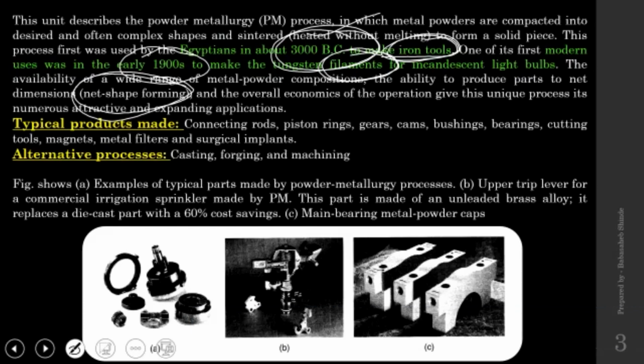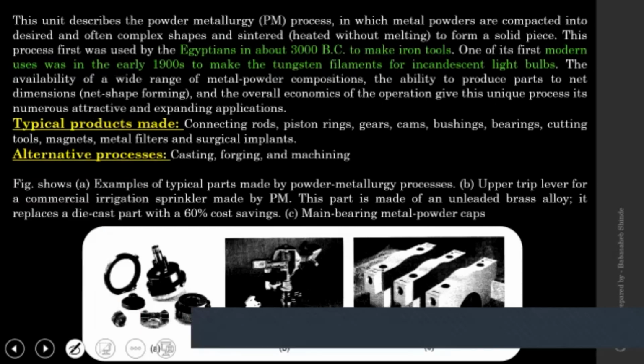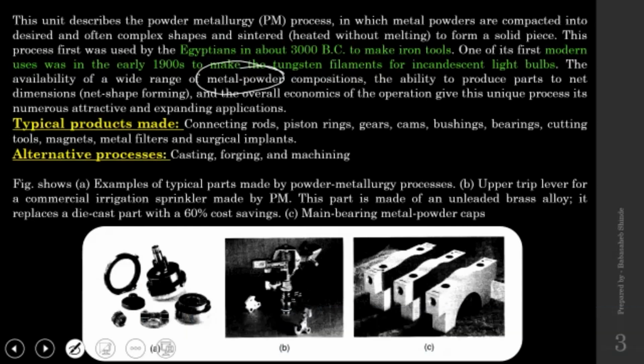And the second advantage, this technique can be applied to a variety of metals. If you can get metal powder, then you can apply this technique to that material. So you can apply this technique to a variety of materials, there are no limitations as such.